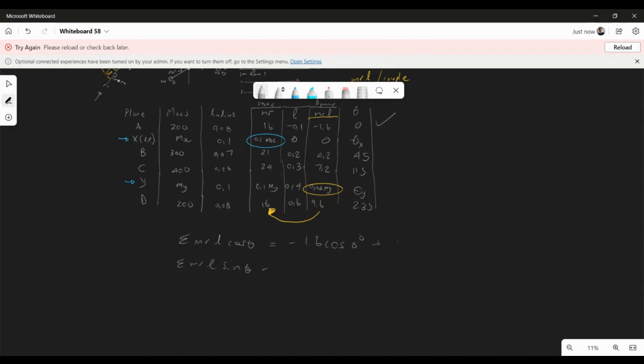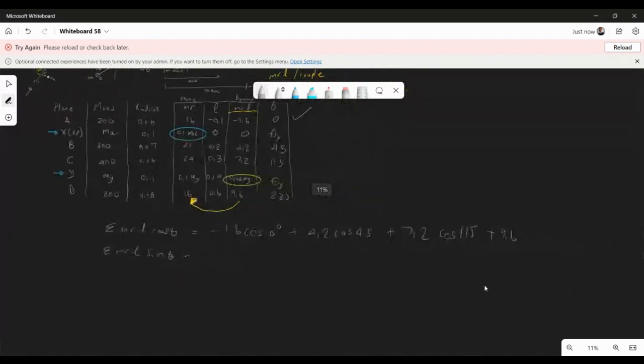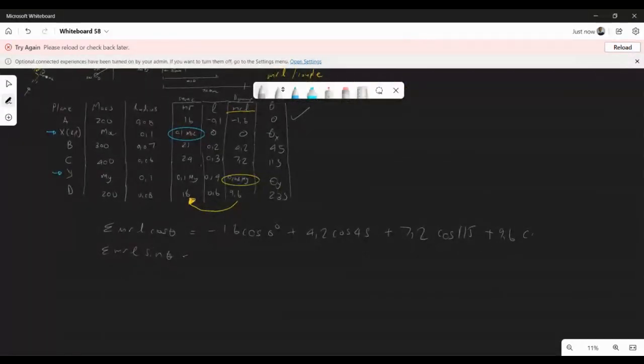For B now, B is going to be 4.2 cos 45 plus 7.2 cos 115, and this is also plus 9.6 cos 235. Okay, so I've deliberately neglected the X and the Y part here.